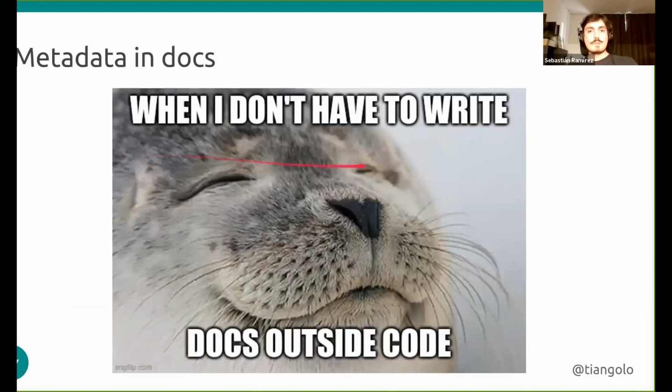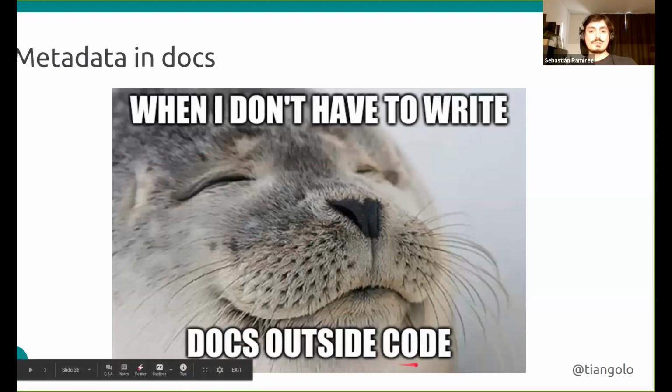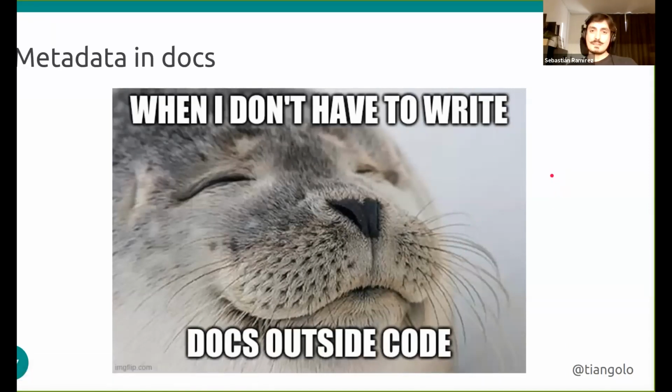So you don't have to write documentation outside of the code that is actually running the thing. You don't have to keep updating a wiki somewhere else so that the front-end team doesn't come complaining that it's not working again. Because everything will be kept in sync because you just write the documentation right in your code.